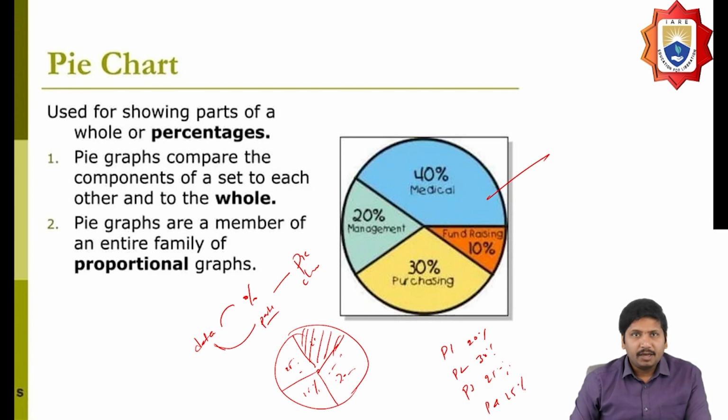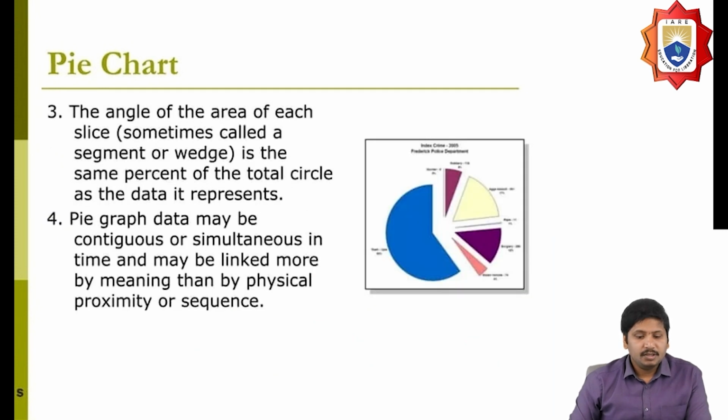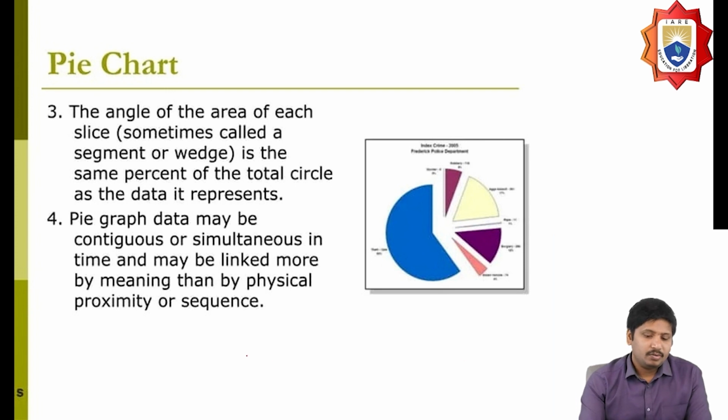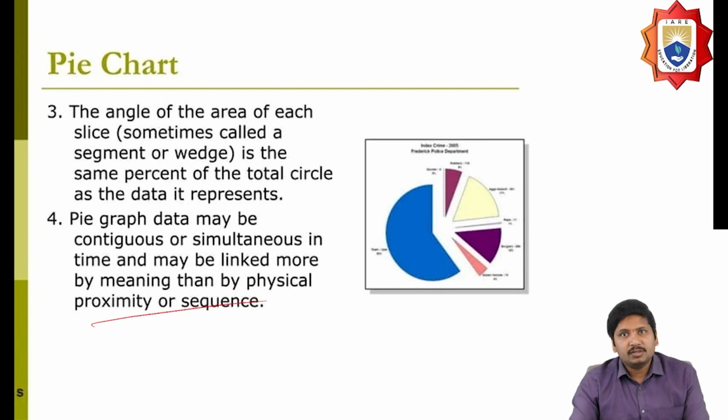Normally these pie graphs are members of the entire family of proportional graphs. The angle of the area of each slice is the same percentage of the circle as the data it represents. Pie graph data may be contiguous or simultaneous in time, and it may link more by meaning than physical proximity, or we can call it a sequence.